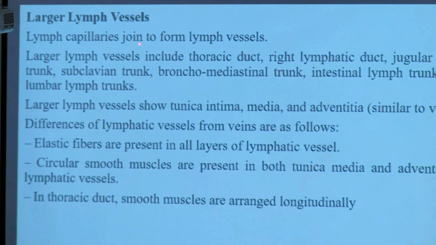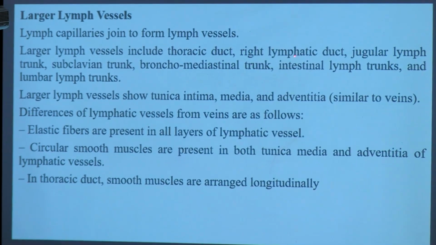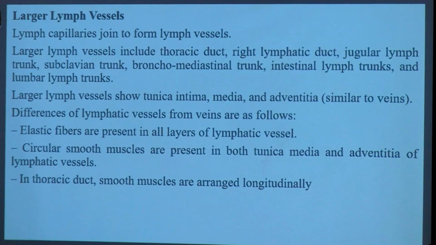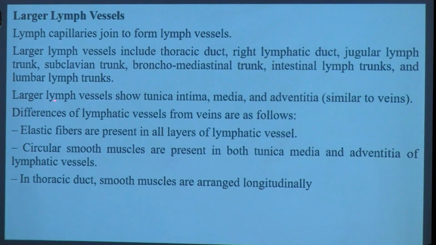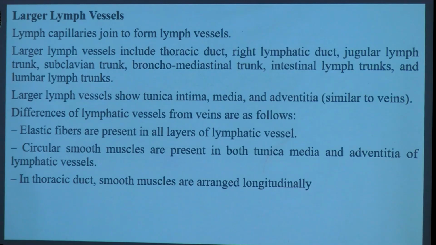Now lymph capillaries join to form the lymph vessels. Larger lymph vessels include the thoracic duct, right lymphatic duct, jugular lymph trunk, and subclavian trunk. Okay, these are the larger lymphatic vessels of our body. Now large lymph vessels show tunica intima, media, and adventitia, same like the vein. The structure is the same, but there are some differences. Now what are those differences? Elastic fibers are present in all layers of the lymphatic vessels.